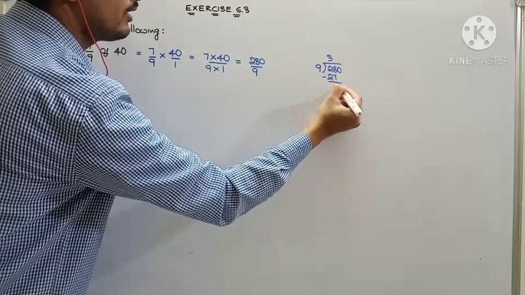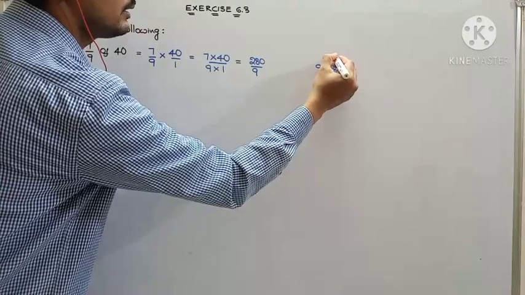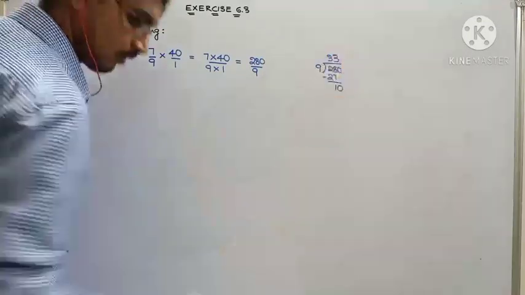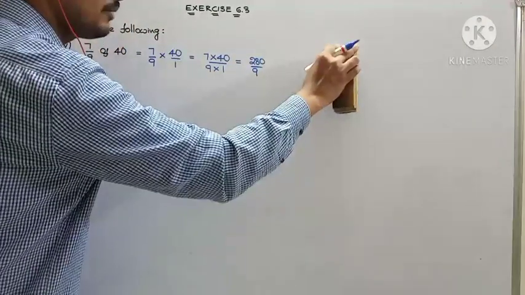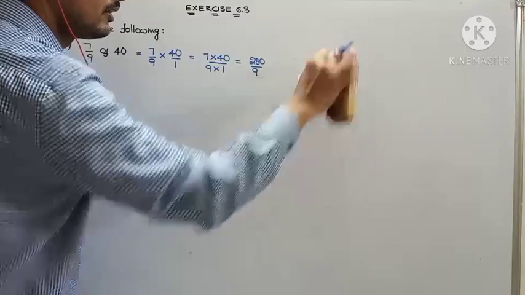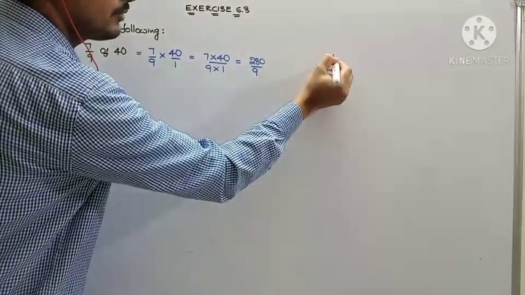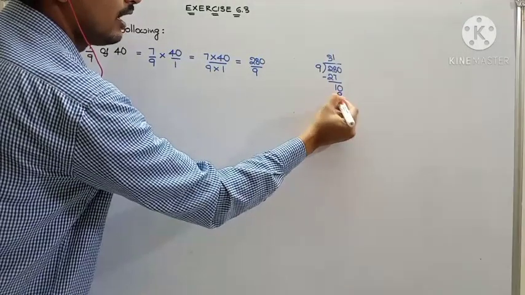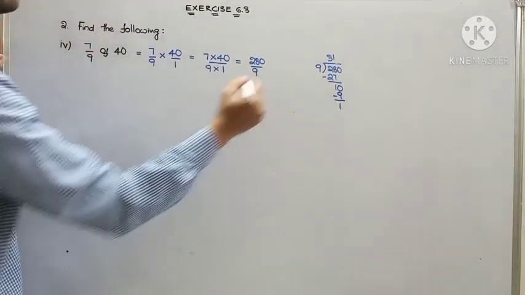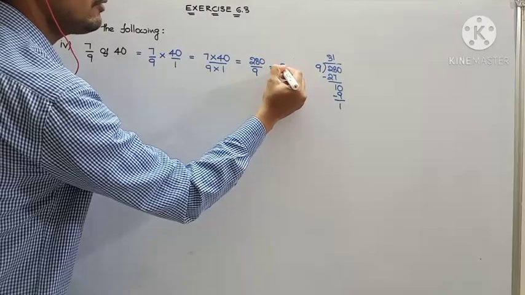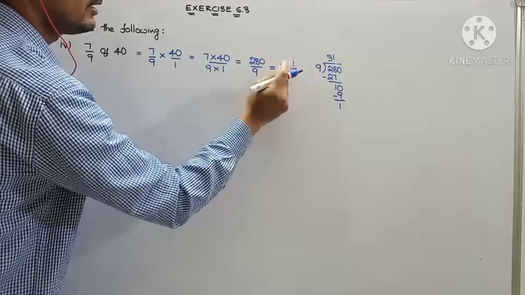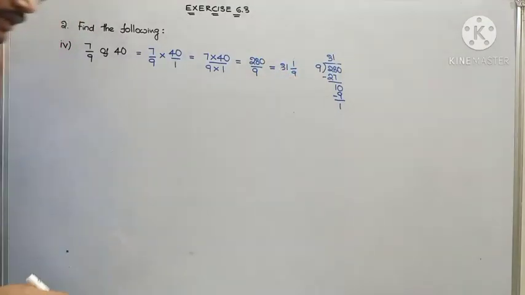Remainder is 1. Drop this 0. 9 times 1 is 9. So remainder 1. So we can say 31 1 by 9 is the final answer.